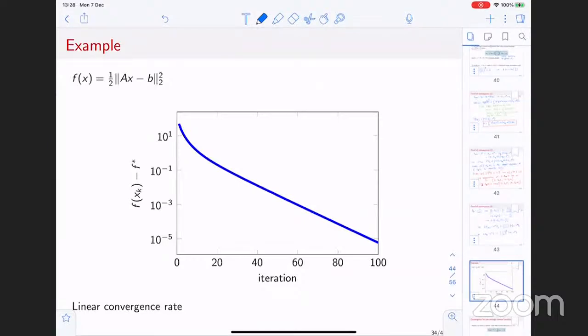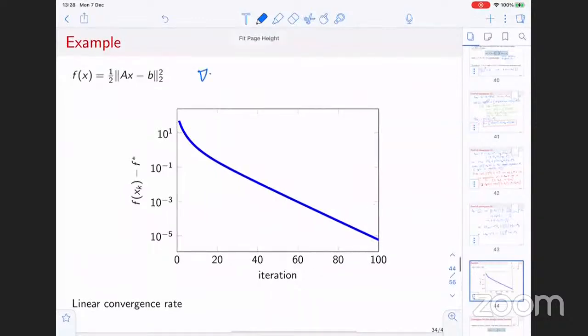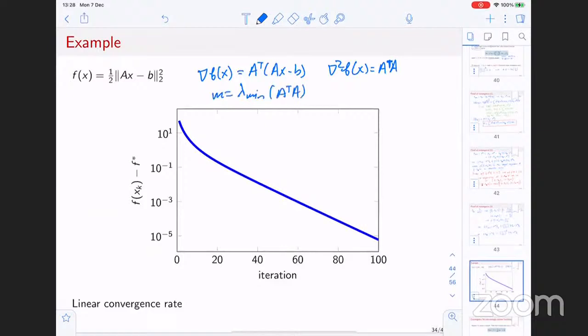Remember here that the gradient of f is equal to A transpose times Ax minus b, and so the Hessian of f is just A transpose A. In fact, it's constant. It doesn't depend on x. And so in this case, little m is the smallest eigenvalue of A transpose A, and big L is the largest eigenvalue of A transpose A.